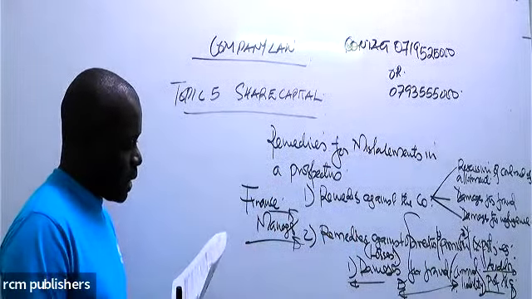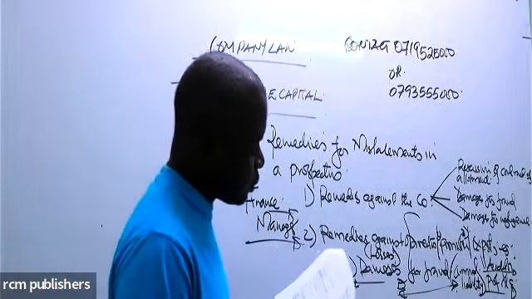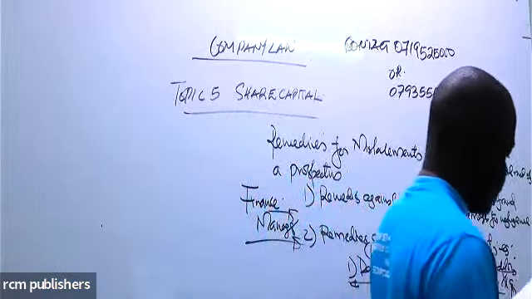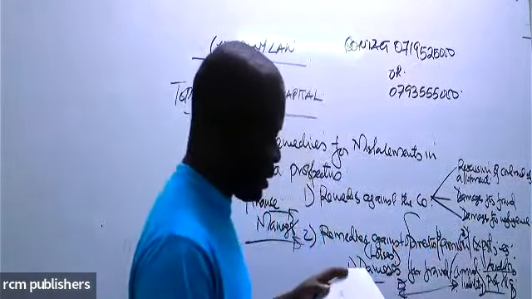So experts are exempt from criminal liability. The following actions and omissions constitute criminal behavior in relation to preparation and issue of a prospectus.